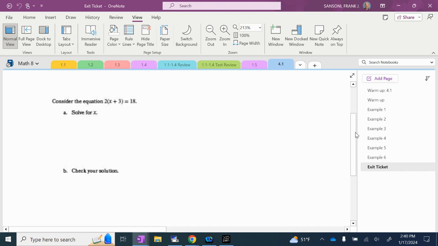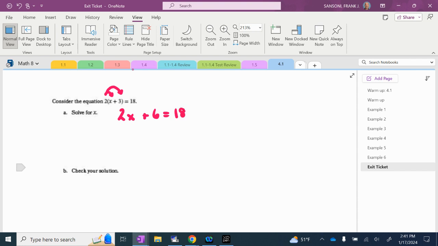What's the first thing we do? The line thing. You mean the arrow thing? What's that called? The arrow thing. Distributive property. Thank you for using the vocab. Distributive property. So 2 times x is 2x. What's 2 times 3? Equals 18.